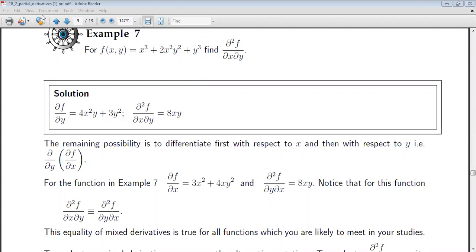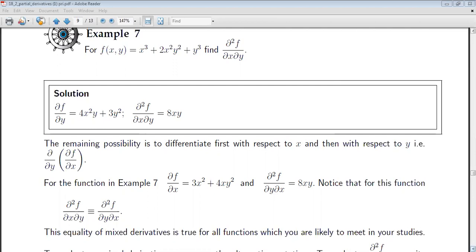Have you got the answer? Del square of del x del y is equal to 6x plus 6y. So del square f del y del x is equal to what?